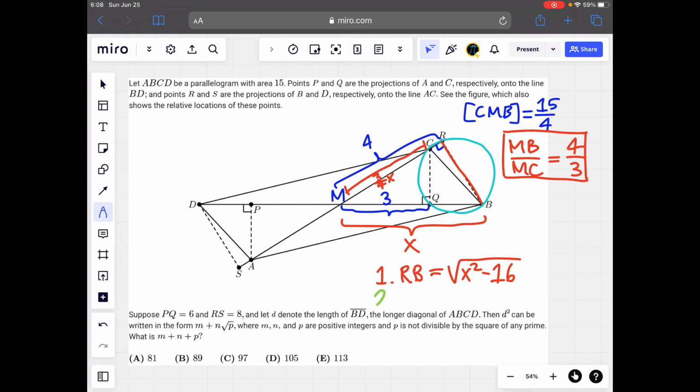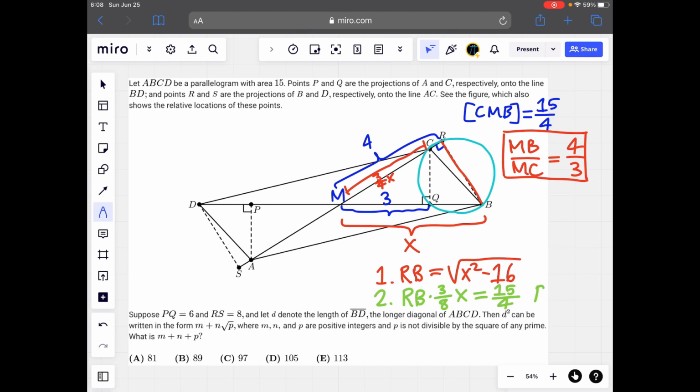It is also evident that since RB is an altitude in triangle CMB, which has area 15/4, RB times half of the opposite side, CM, which is 3/8 x (CM is 3/4 x, so half that would be 3/8 x), is equal to the area of triangle CMB, which is 15/4.